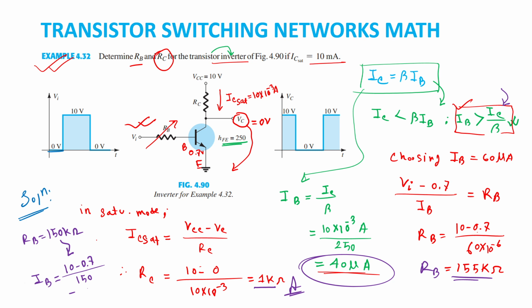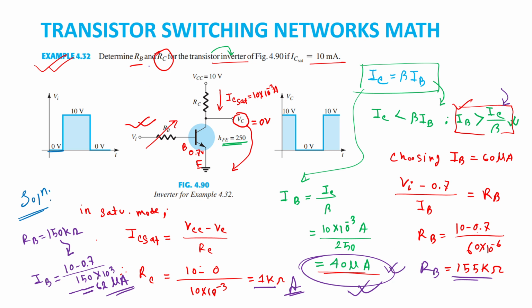That would be 62 microampere, which is greater than 40 microampere. So it is easily greater than 40 microampere. So the base current is greater than 40 microampere.